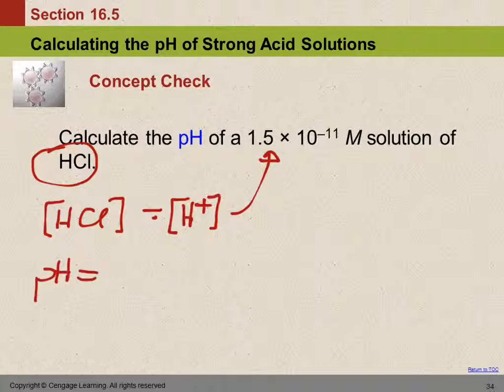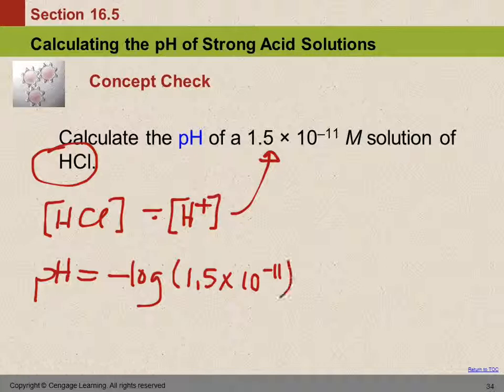So then the pH is the negative log of 1.5 times 10 to the minus 11, or 10.82.